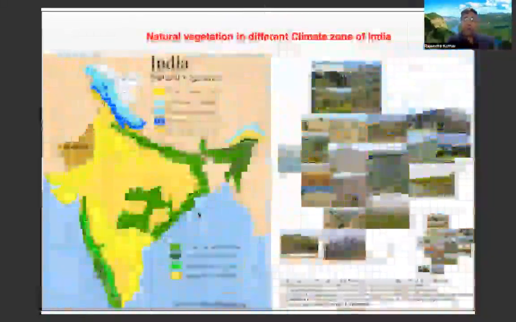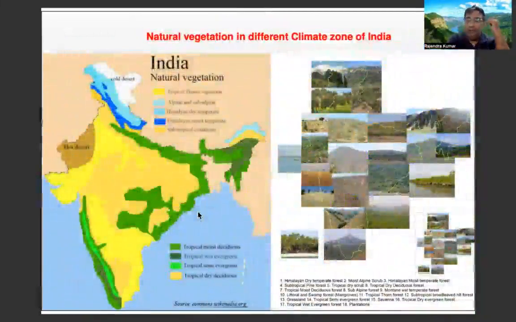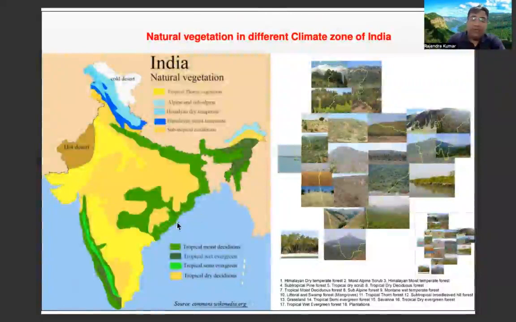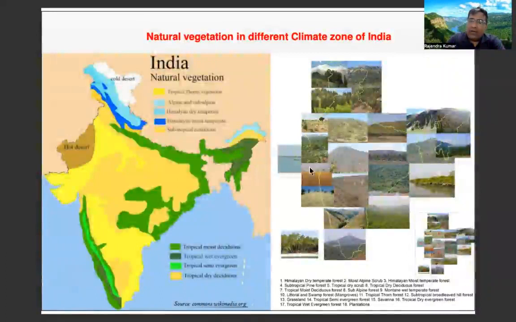So talking about vegetation, as you might have seen in my previous slide, the climate zones are different in different regions. So here you can see these are mainly the vegetations in different climate zones. As you can see in this very thin line, you can see the map of India, and this is the vegetation map of India.